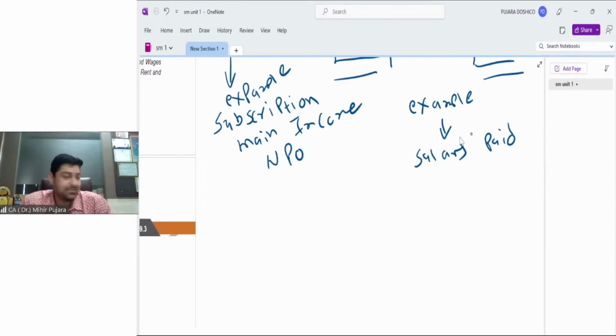Now it may be of the current year, it may be of outstanding of previous year, it may be of some advance payment to employees. All salary payments are part of the payment side, either of the current year, previous year outstanding, or of next year.